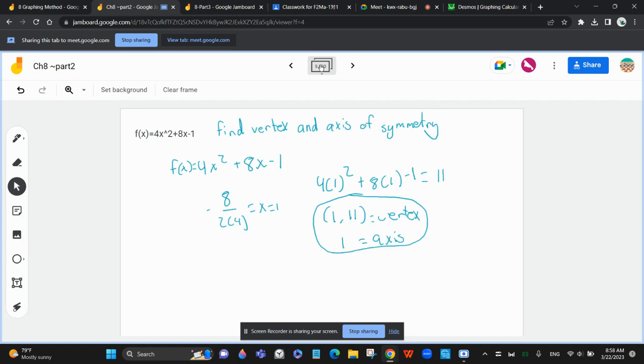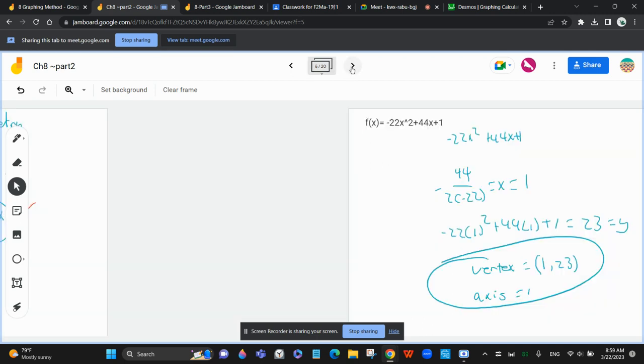Okay, and then the next one is the same. We apply negative 8 over 2 times 4, get 1. And then we plug in to find the vertex is (1, 1), and the axis is 1. Okay.